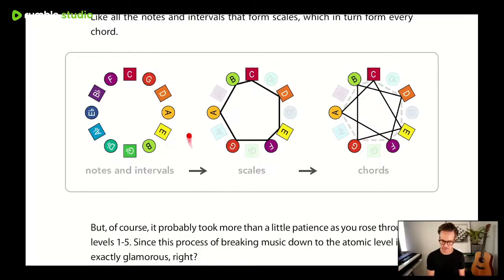From the chromatic scale, we take a subset or a subpattern of those, like the whole steps and half steps that make up a major scale. In this case, the C major scale is an example. And then from those notes, we create subpatterns of notes that form chords, like C major, D minor, E minor, F major, G major, and so on.